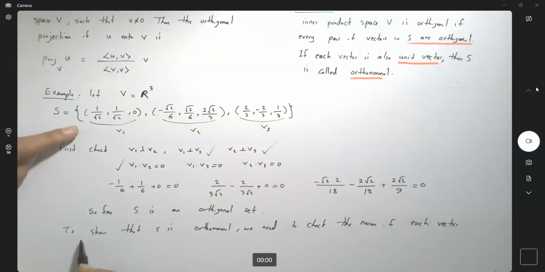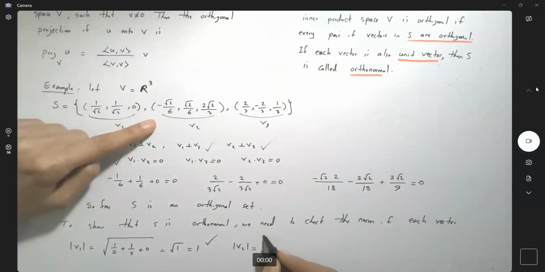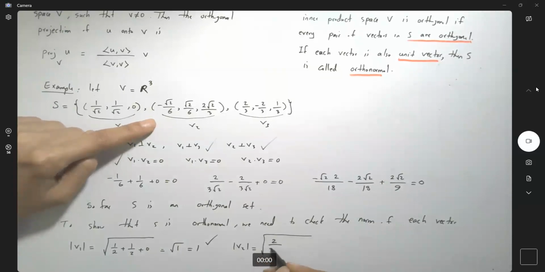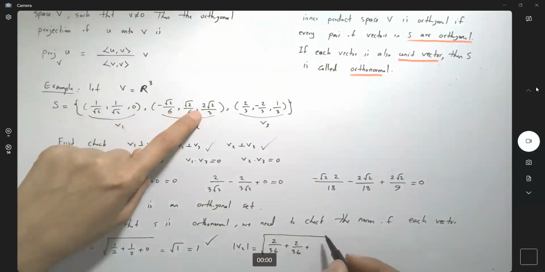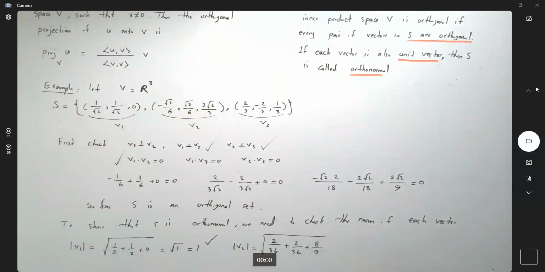Okay, so for vector 1, it is square root of 1/2 plus 1/2 plus 0, which is square root of 1 or 1. V1 is a unit vector. What about V2? V2 is the square root of 2 over 36 plus 2 over 36 plus 4 times 2, 8 over 9. So let's see.